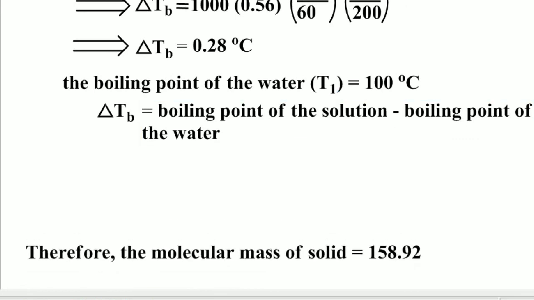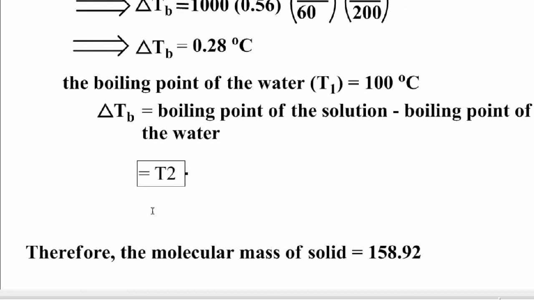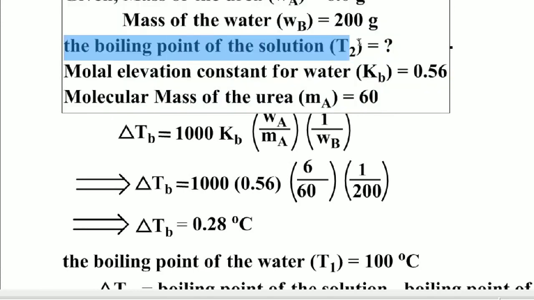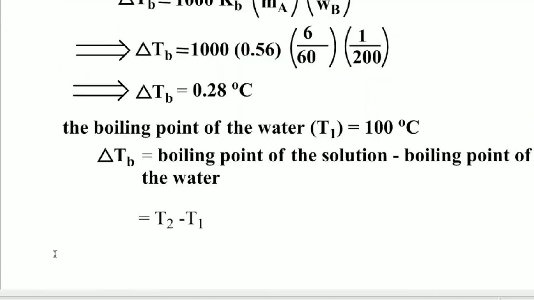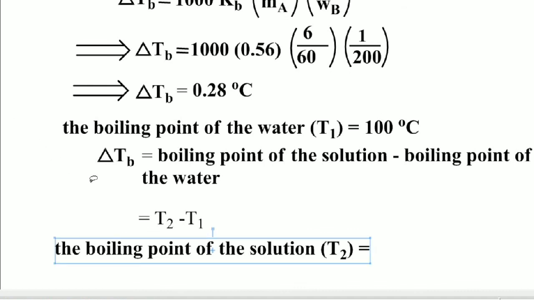Therefore students, on substitution we can write delta TB equals T2 minus T1. Therefore we get T2, the boiling point of the solution, is equal to delta TB plus T1.